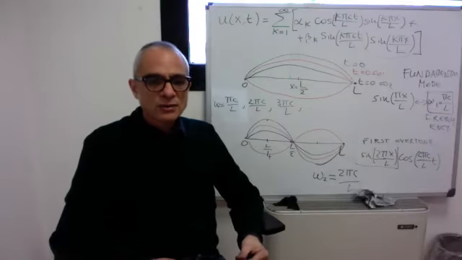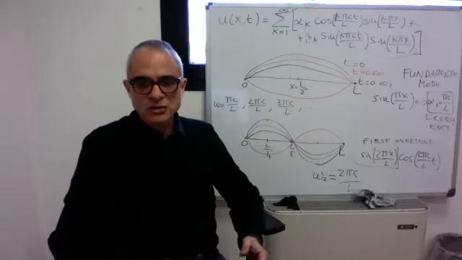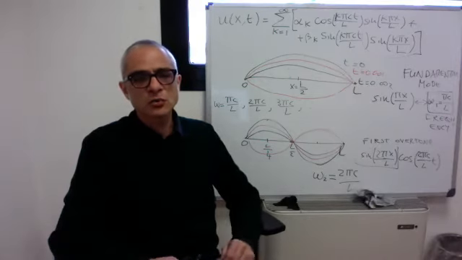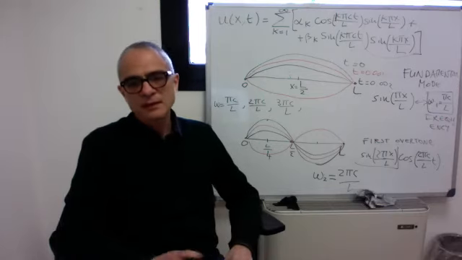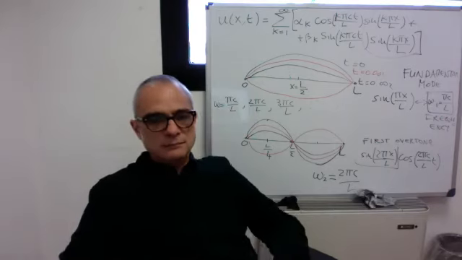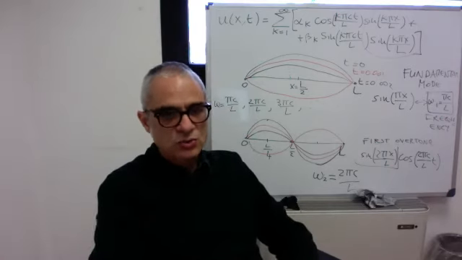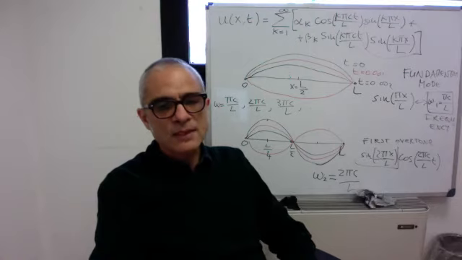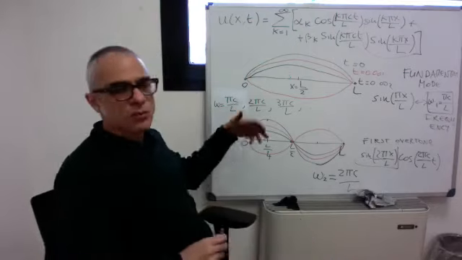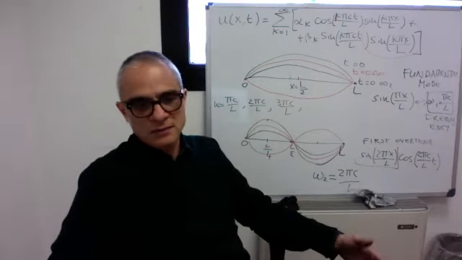A sound that is a combination of frequencies that are multiples of one another, we call a note. So when I say A or B or C as a musical note, I don't mean one frequency, but a frequency and its overtones.